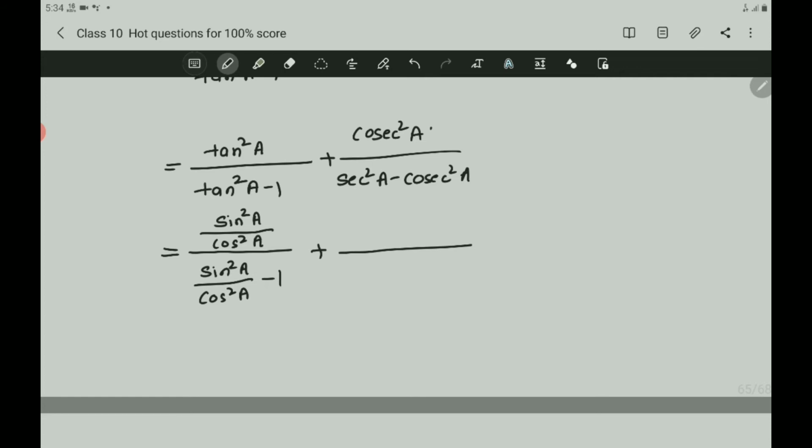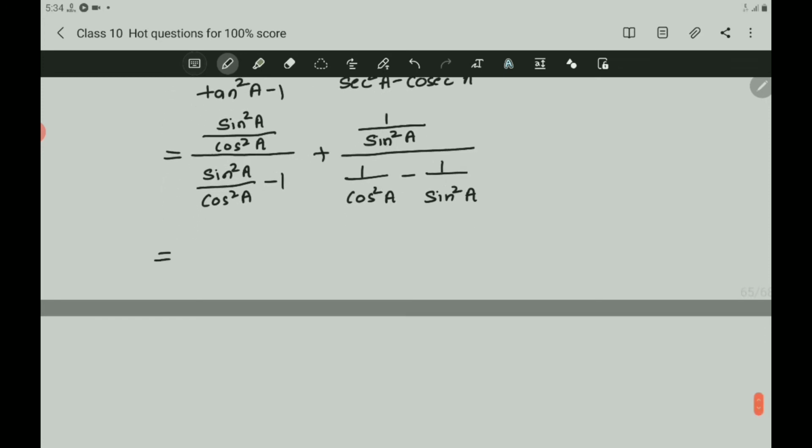Here you express cosec²A as the reciprocal, 1 by sin²A. And sec²A is 1 by cos²A, minus cosec²A is 1 by sin²A.